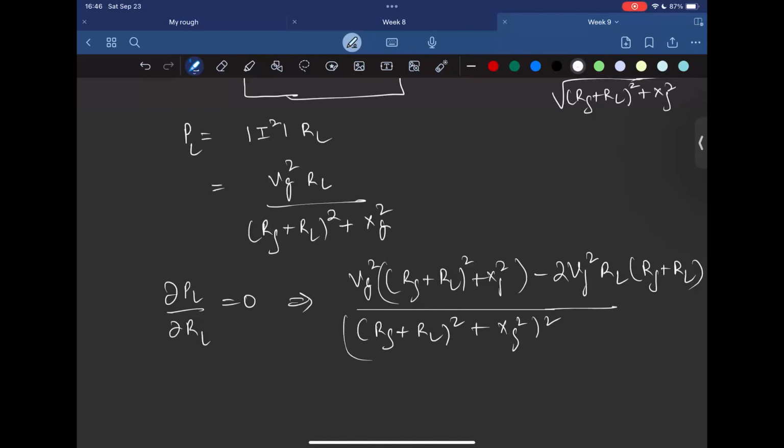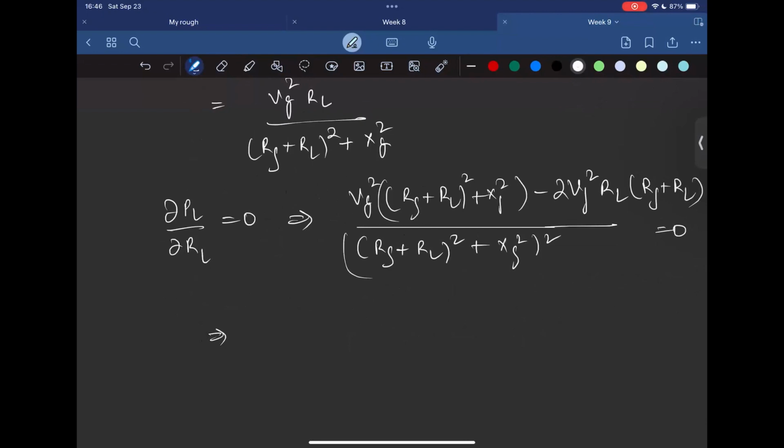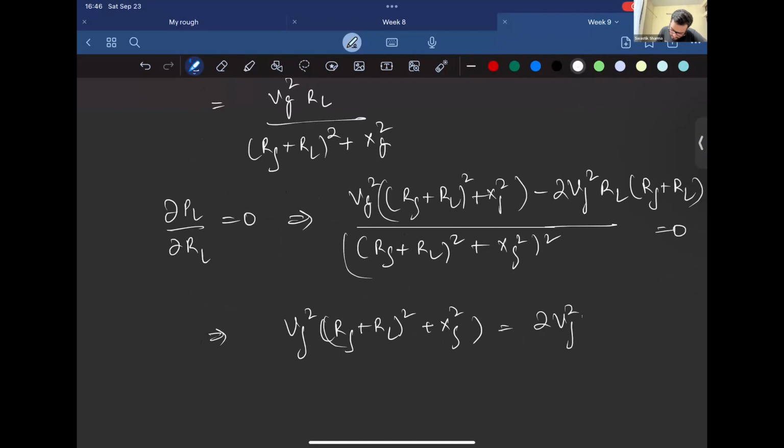Then Rg square plus Xg square plus XL whole square is equal to. If you rewrite this, can you tell me the final answer? What is the final answer for RL? I'll wait. 2 Vg square RL.